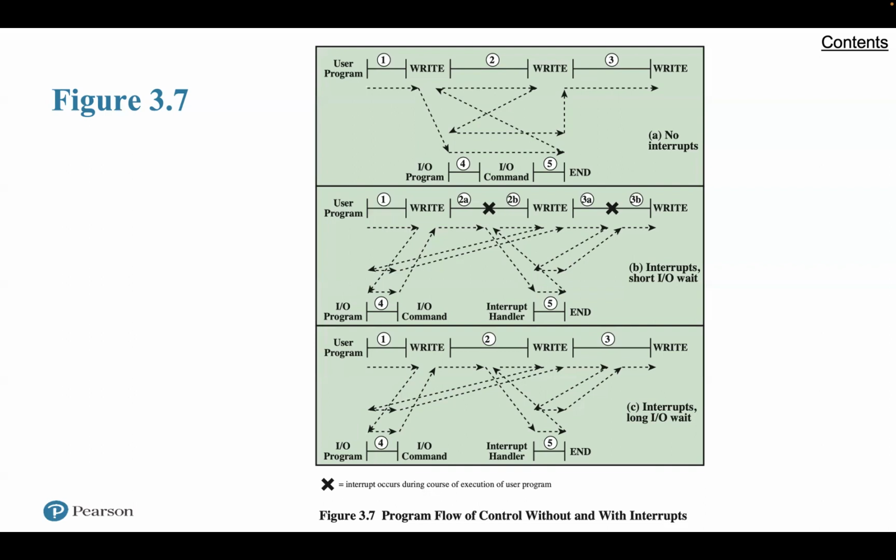The program might wait by simply performing a test operation to determine if the I/O operation is done. The sequence of instructions labeled 5 in the figure completes the operation. This may include setting a flag indicating the success or failure of the operation.